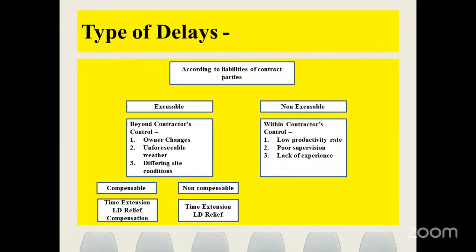This is a separate topic; if you get time, go through the FIDIC document. In non-compensable, you will get time extension and LD relief, but you will not get compensation.